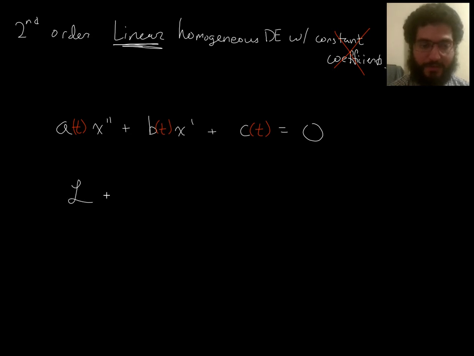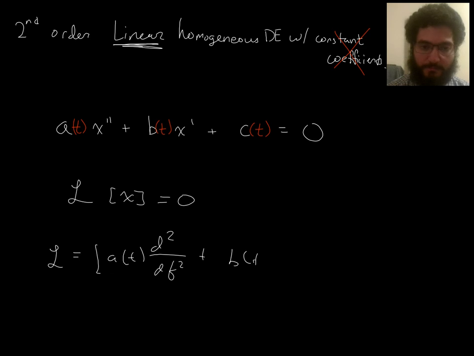You can write it in this format, that it's some linear operator L applied to x equals 0, for homogeneous. Just because there's t's showing up in your description of L, just because a and b are not constant coefficients but possibly have t's in them, that doesn't make it not linear. It's still linear.